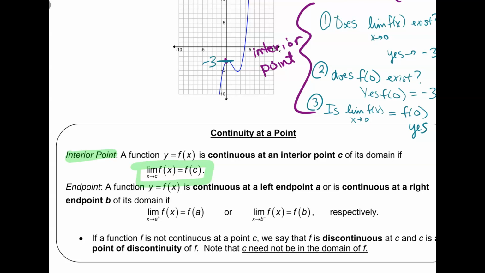I'll be continuous at the left endpoint if, as I'm approaching from the right side, I'm approaching the same value as my function, and the same way if I'm approaching from the left side and it's the same as the function value. An example here is the square root function. We can look at a one-sided limit to tell if it's continuous. Remember how square root functions start someplace and then go on? As long as what I'm approaching is the actual function value, I can say it's continuous at an endpoint.